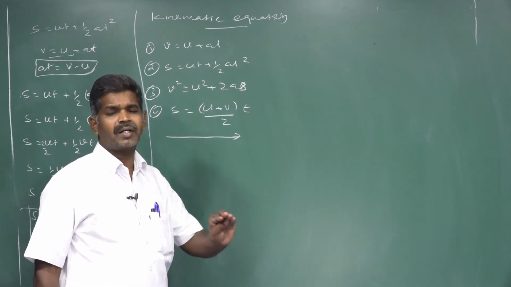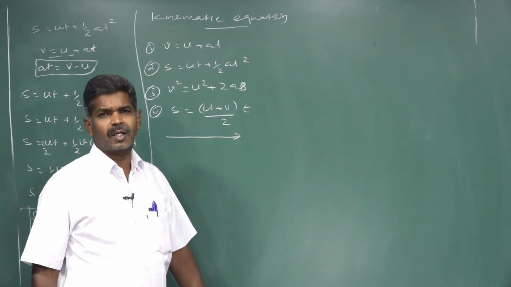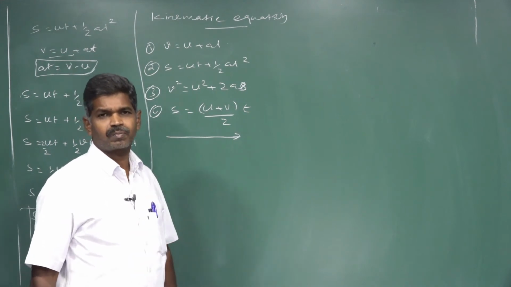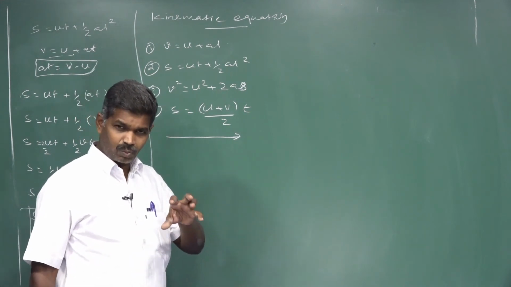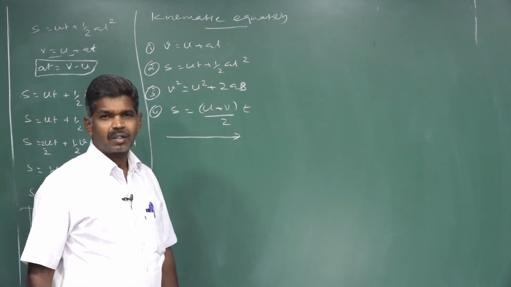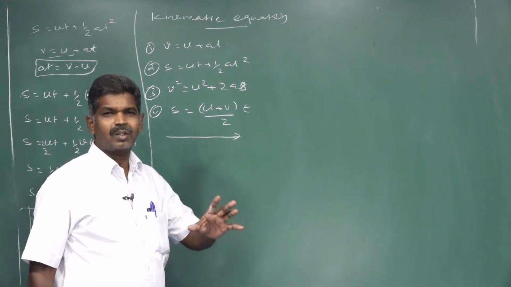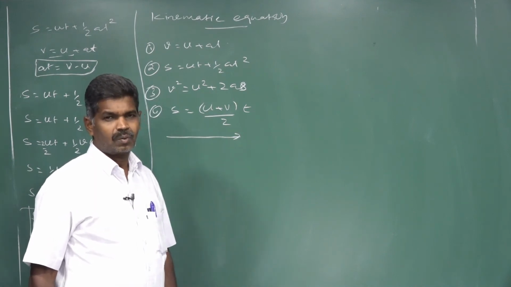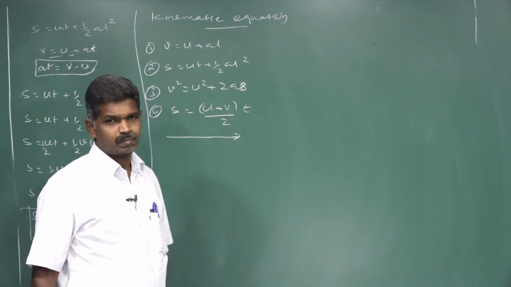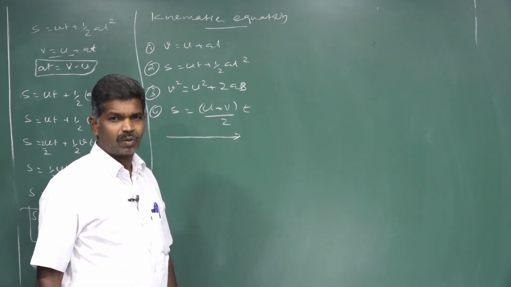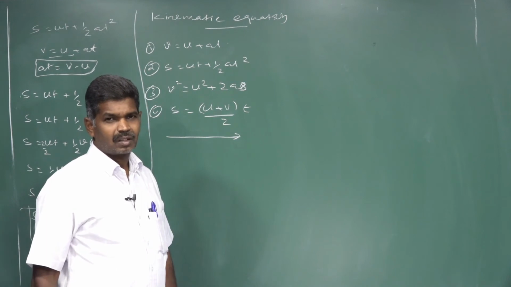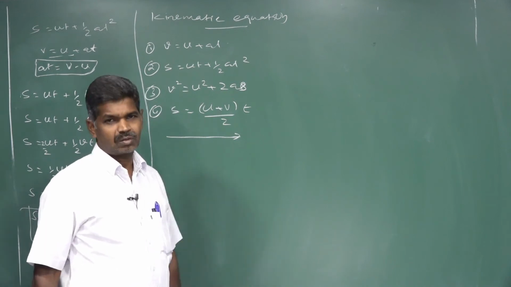For example, if a particle moves in a uniform circular motion, the magnitude of velocity is uniform with respect to time, but the direction also changes.